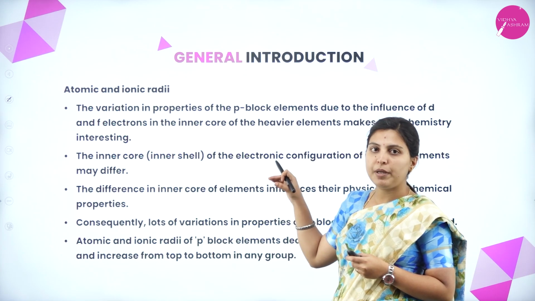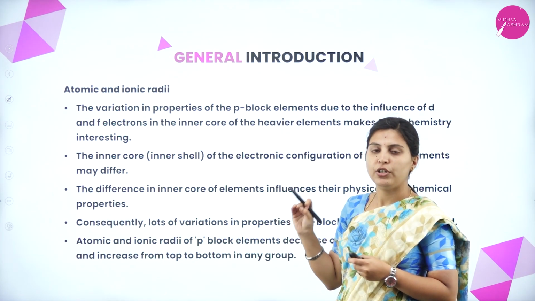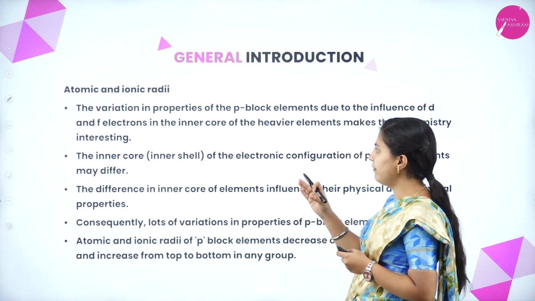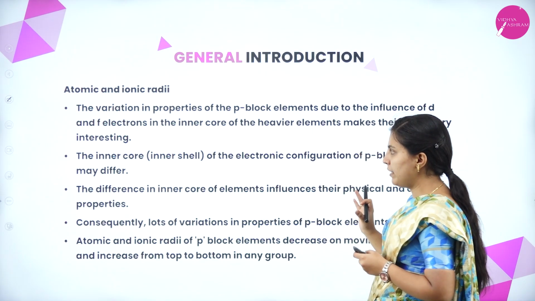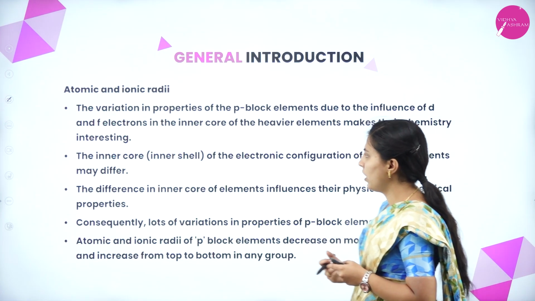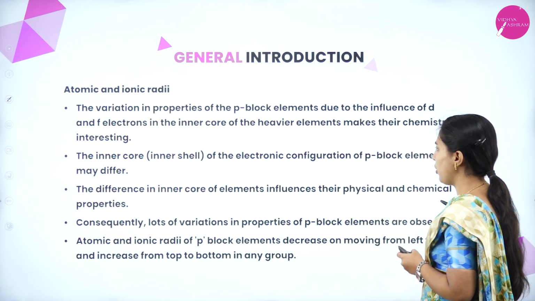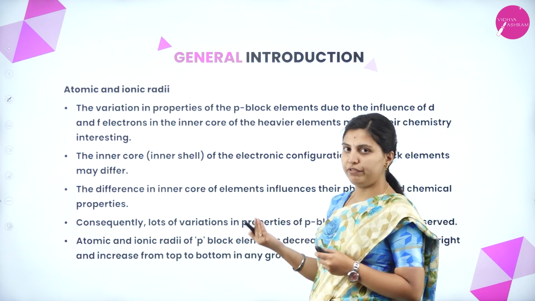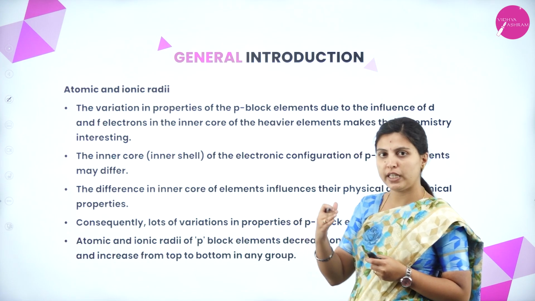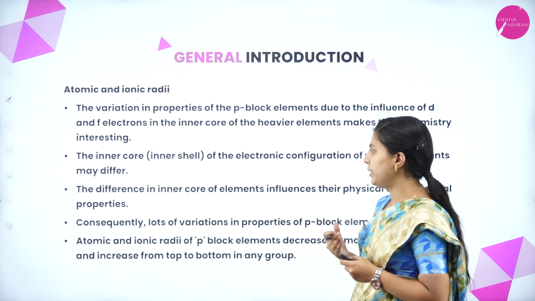Here, in the p block elements, d electrons and f electrons will interfere. Due to that influence of d and f in the inner core of the heavier elements, the properties of this block get interesting. The inner core or inner shell of the electronic configuration of p block elements may differ. The electronic configuration of the inner shell electrons of the heavier elements will differ.